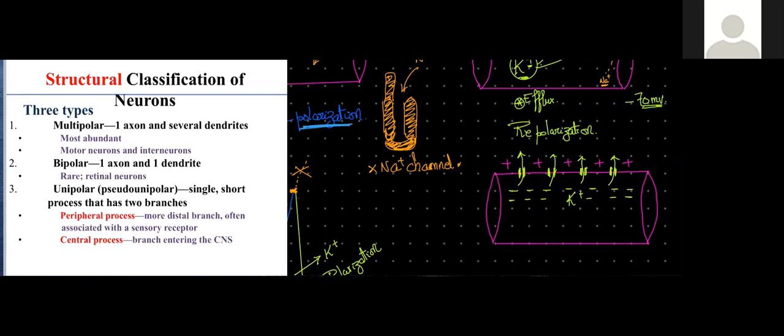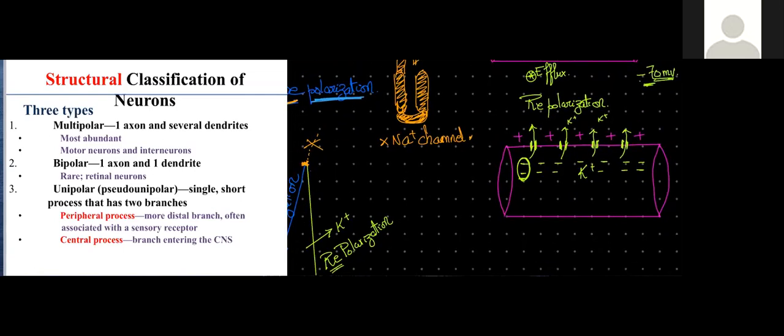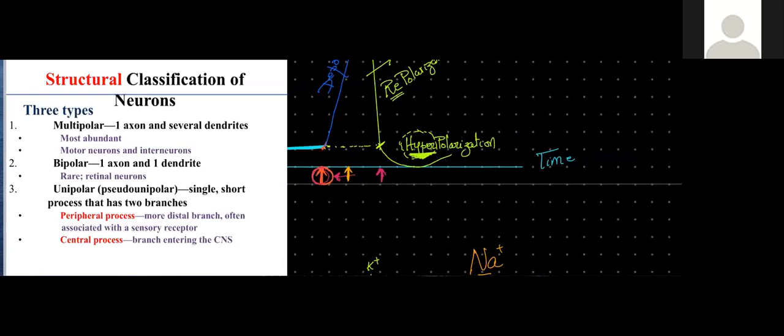So they won't close immediately when you reach negative 70 millivolts. They will be leaking some of the potassium outside of the cell, bringing the membrane polarity to become even more negatively charged than the resting membrane polarity. We call this phase of the action potential my hyperpolarization.